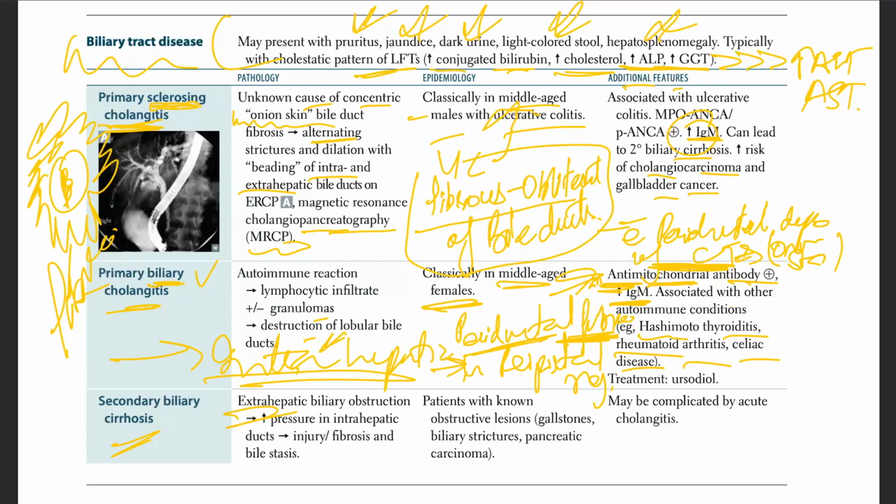It also has osteoporosis. While if you think about this, they have the ulcerative colitis, this has osteoporosis, and also xanthoma or xanthelasma, just the cholesterol, high cholesterol.